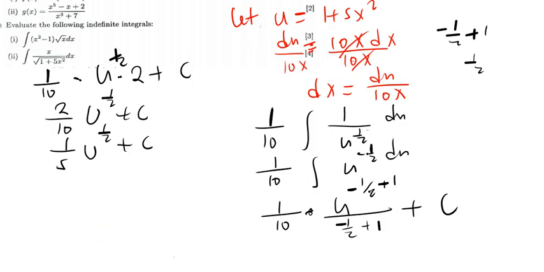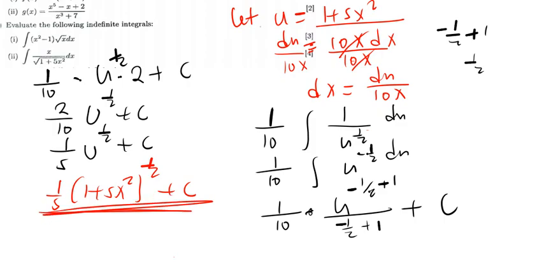You have to come back. u was just helping us to find the answer, but we are not interested in u. So we'll go back and say 1 over 5. What is our u? Our u is 1 plus 5x. I'll put them in brackets. 1 plus 5x squared raised to the power half plus c. If you want, you can end here.